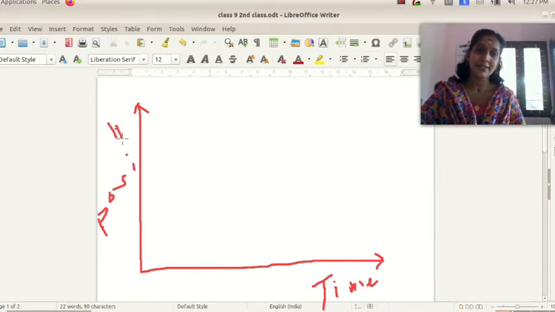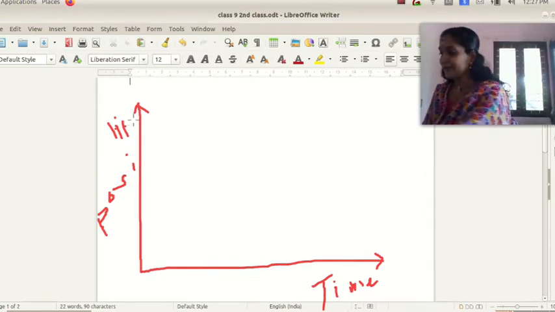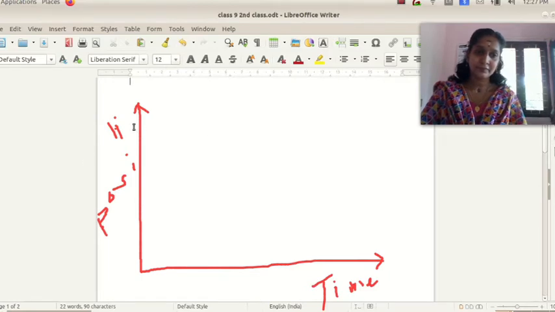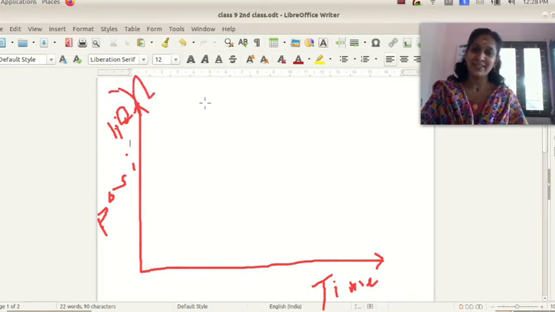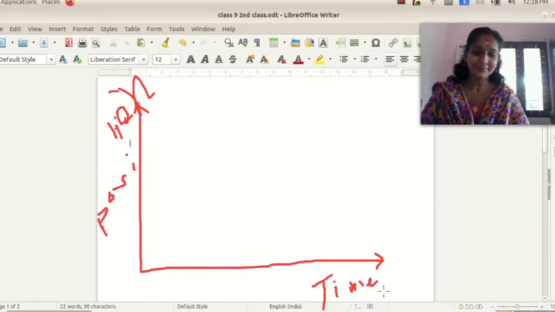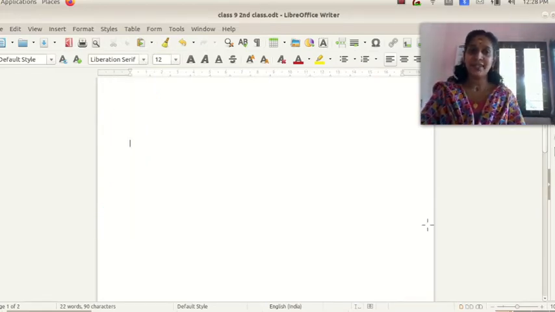In the y-axis we have taken position. It is not easy to write here in this way, so I am writing like this. Here position and here time. Please adjust with me. Okay. Then we are going to draw again.